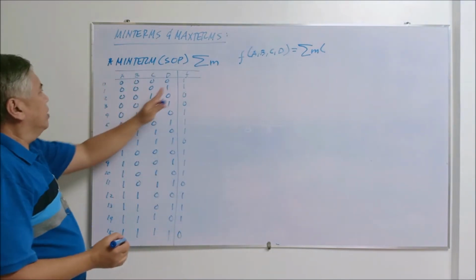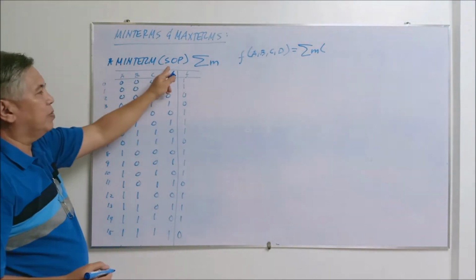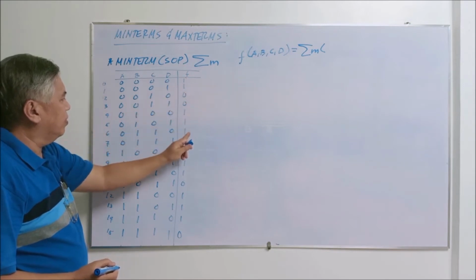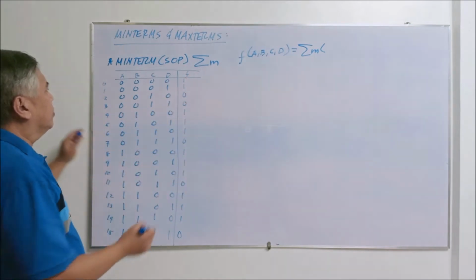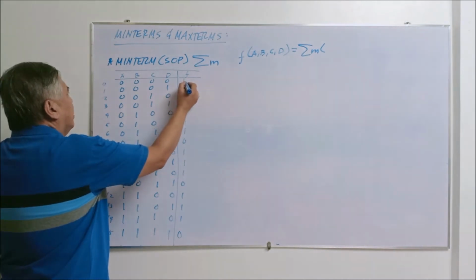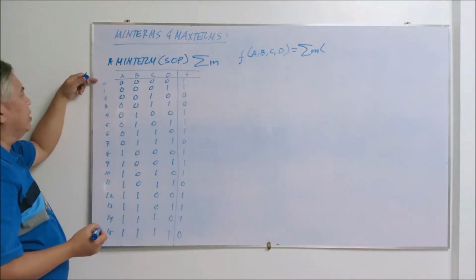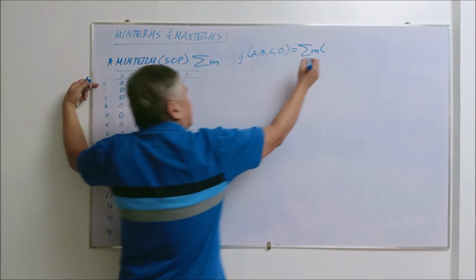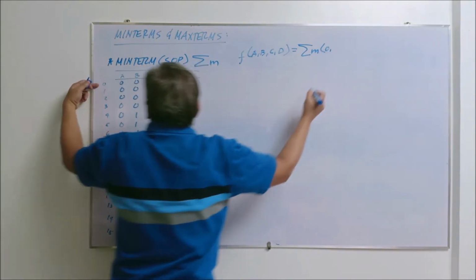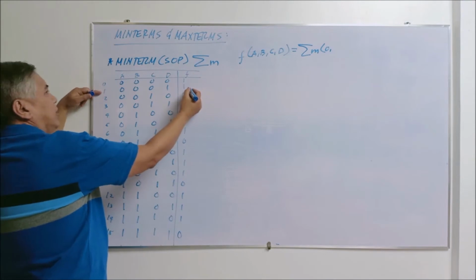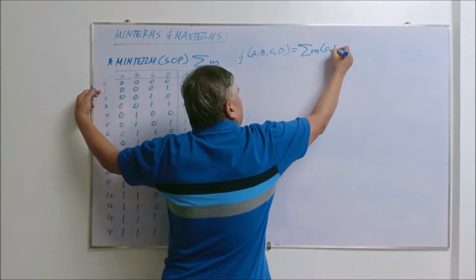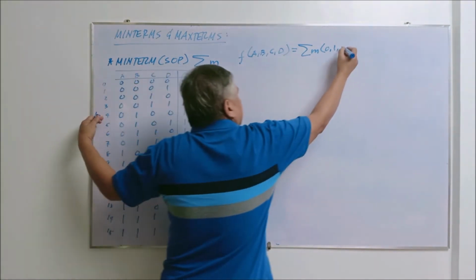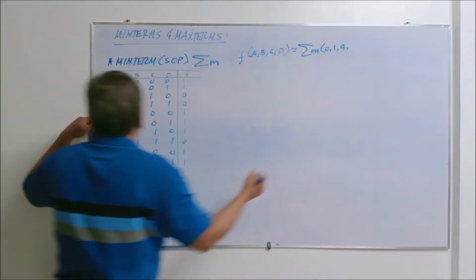Since this is a sum of product expression, we consider the output with a value of 1. So we have f is 1, and in the decimal equivalent, that is 0, then you have 1, then you have 4. These are the Minterms.